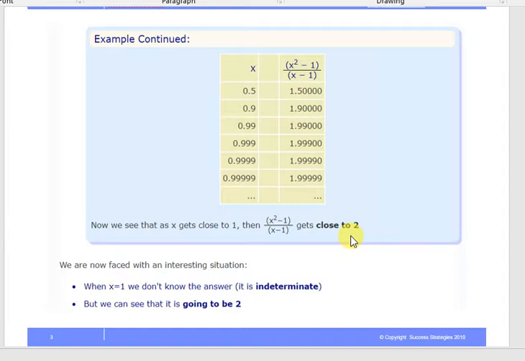Indeterminate forms means undetermined. But when I put in values and approach 1, for example 0.999, not exactly 1, I can see that the value of this function is closer to 2. So that gives us confusion about whether or not this particular function has a limit.